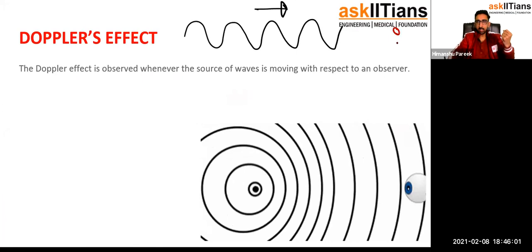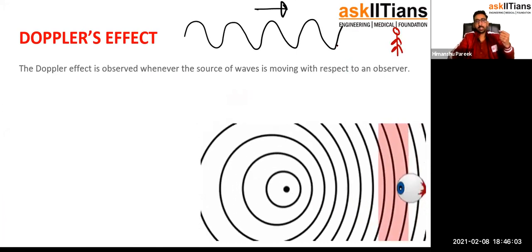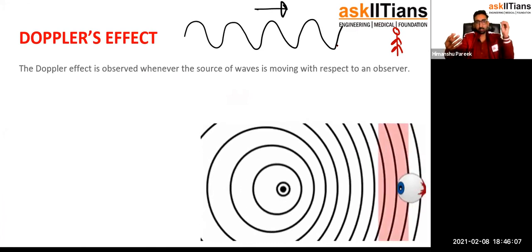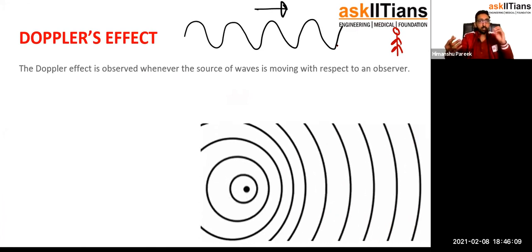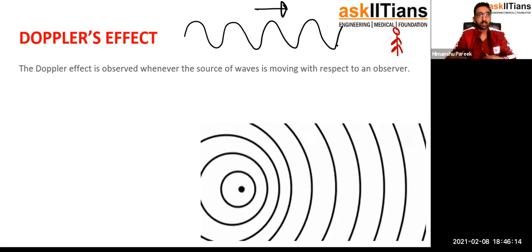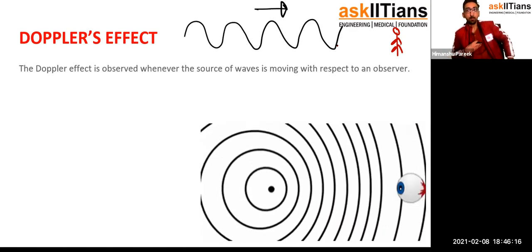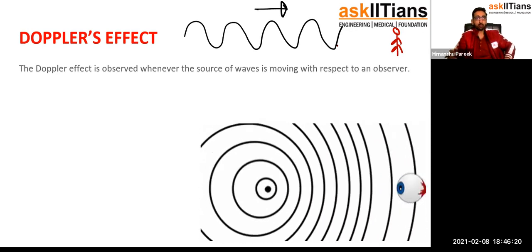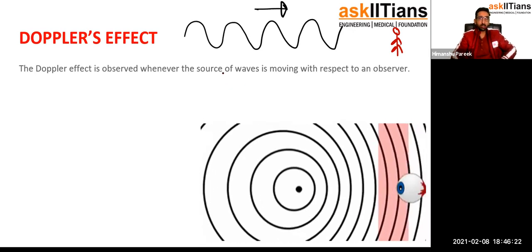The person who is standing here, what is he getting? He is getting these wavelets, these waves. The number of waves he is getting per second is called the frequency. So the number of waves he is getting per second can be determined if you know the frequency.